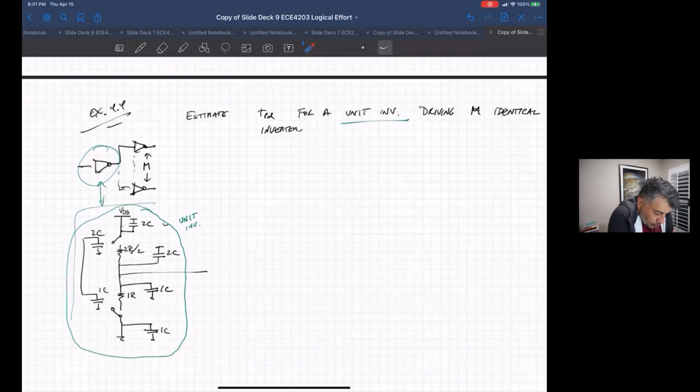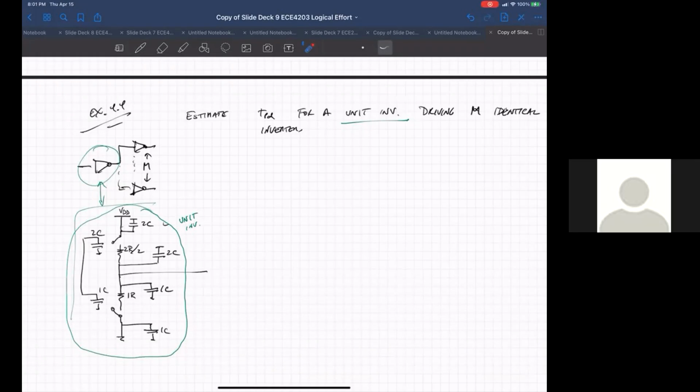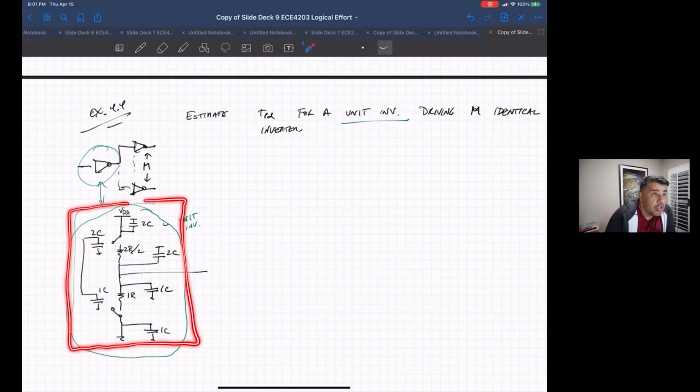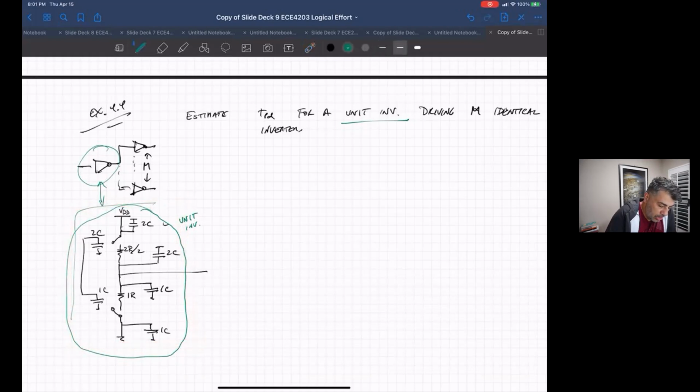So first, let's think about what the load looks like. We have this guy as the inverter. What does the load look like? The load for one guy driving one other guy like itself is 2C and 1C. So what do the M of these loads look like?